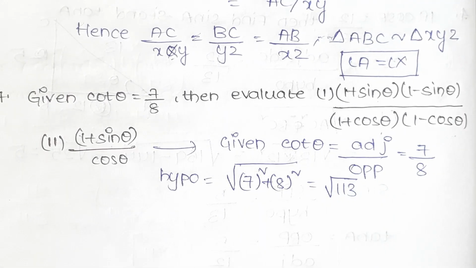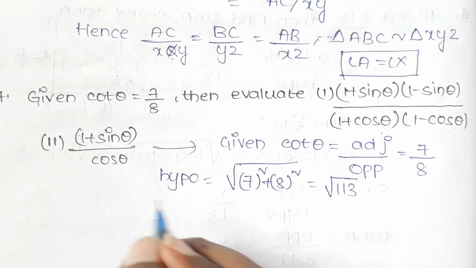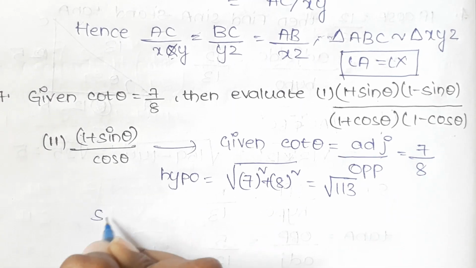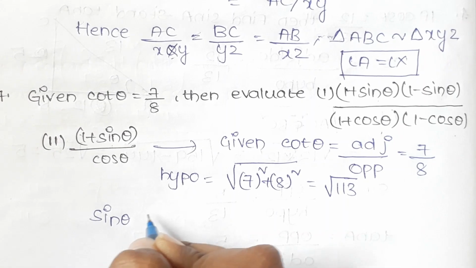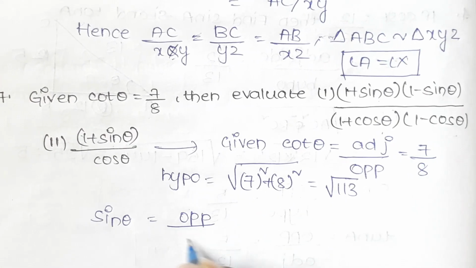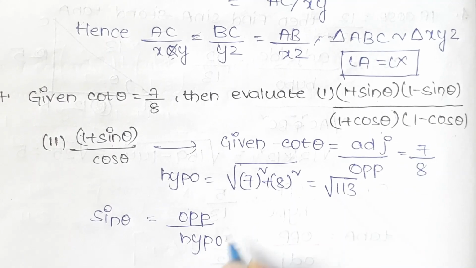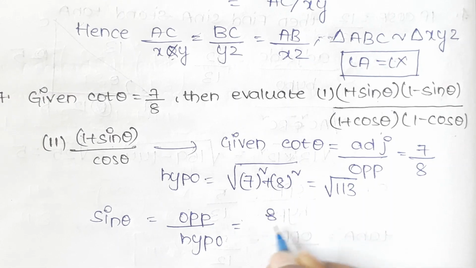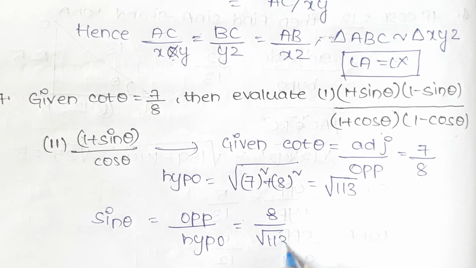Square root of 113 is the third side, the hypotenuse value, and from this now we will find sin theta and cos theta values. That is, sin theta equals opposite by hypotenuse. Opposite value is 8 by root 113.